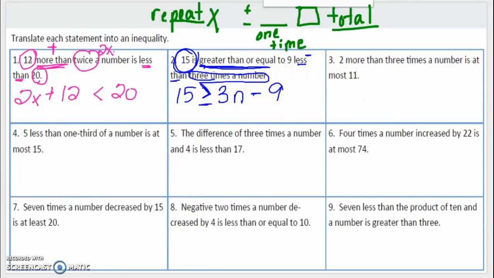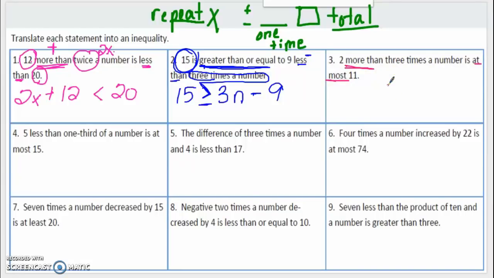So let's look at number 3. 2 more than 3 times a number is at most 11. It gets confusing sometimes because we see this is a more than and this is at most.